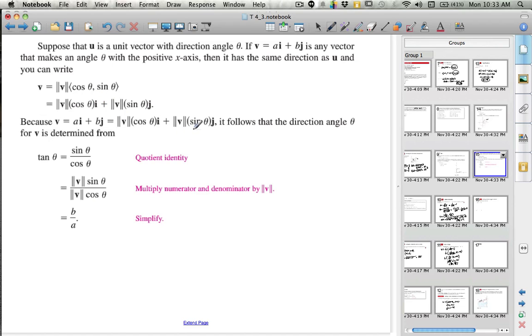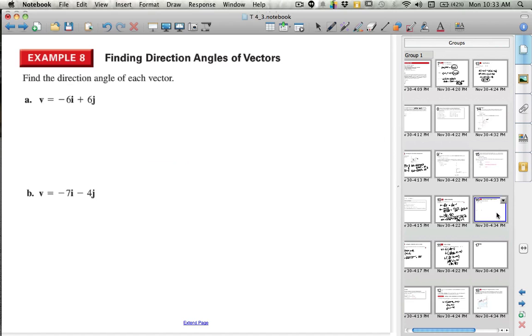But what we end up finding is that the easier way to go about this is that tangent is going to be sine over cosine. Now you notice that sine ends up being b and cosine ends up being a. So from this linear combination form that we already had, we can pull out the sine and the cosine, find tangent, and then identify our angle. And that's a lot easier.